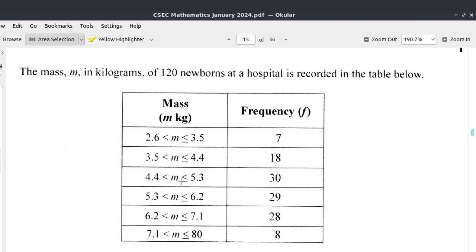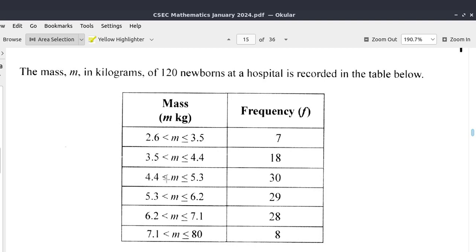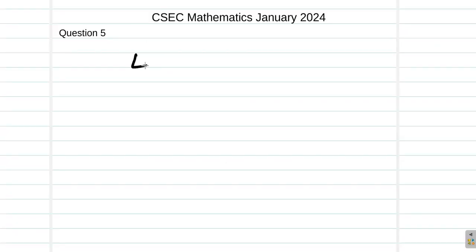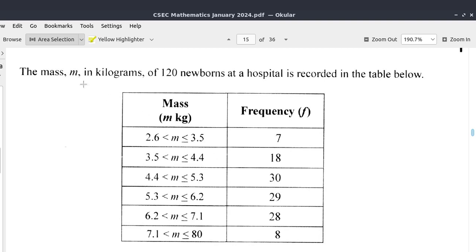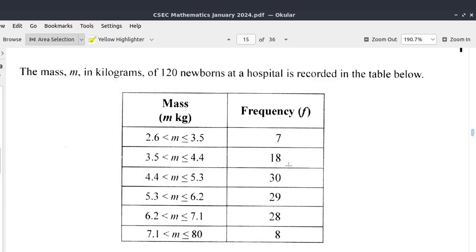So the modal class would be 4.4 less than M, less than or equal to 5.3. Is it 5.3? Yes, 5.3. So that is what you should write down for the answer. State the modal class. Alright?